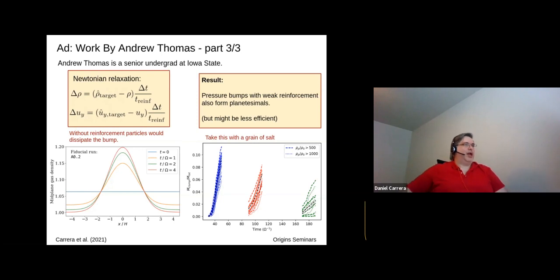So there might be a real effect here, something to do with the particle feedback affecting the pressure bump a little bit more. I should clarify that this is why we need reinforcement: if you don't reinforce the clump, the particles will destroy it. Just by conservation of angular momentum, particles drift because they exchange angular momentum with the gas.